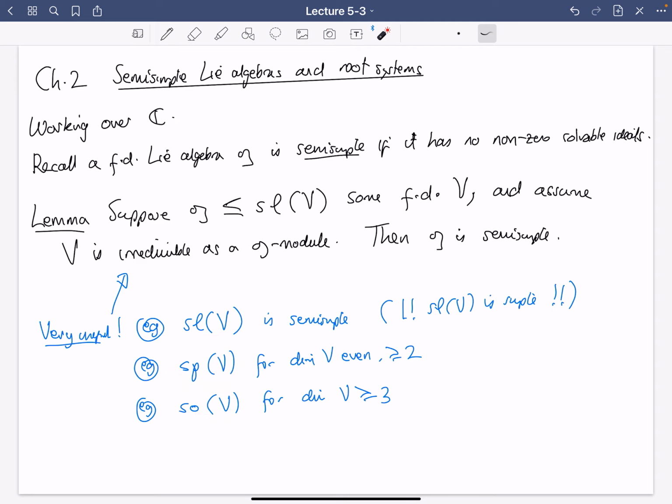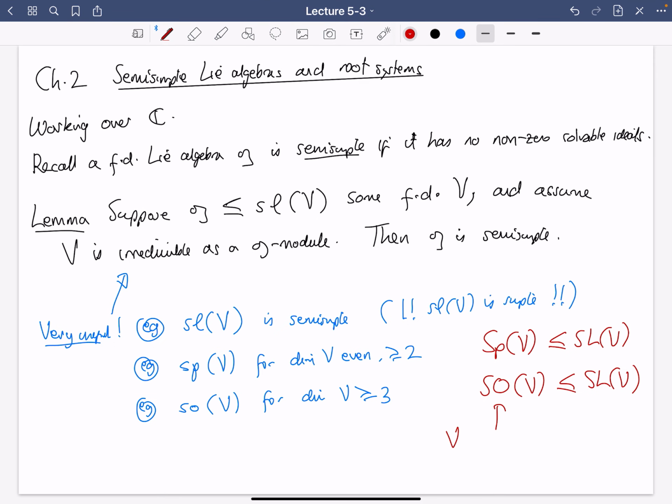I guess we know the groups better, don't we? We know the symplectic group SPV, which sits inside SL of V, and the orthogonal group SOV, which sits inside SLV, right? Those were determinant 1 matrices. And for the groups, it's easy to see that V is an irreducible module, an irreducible representation for the group.